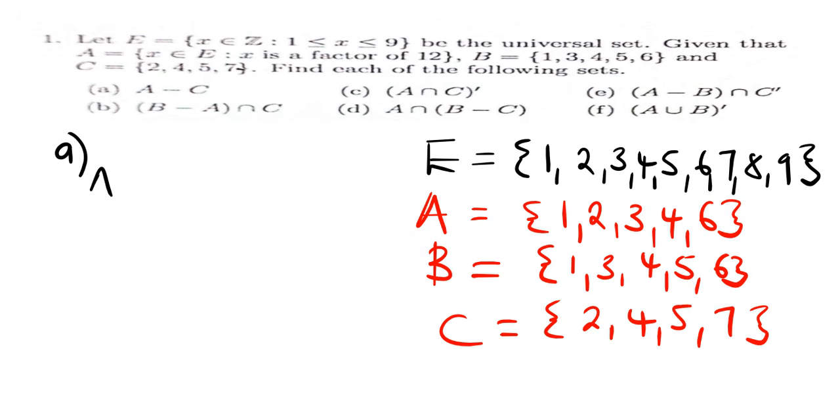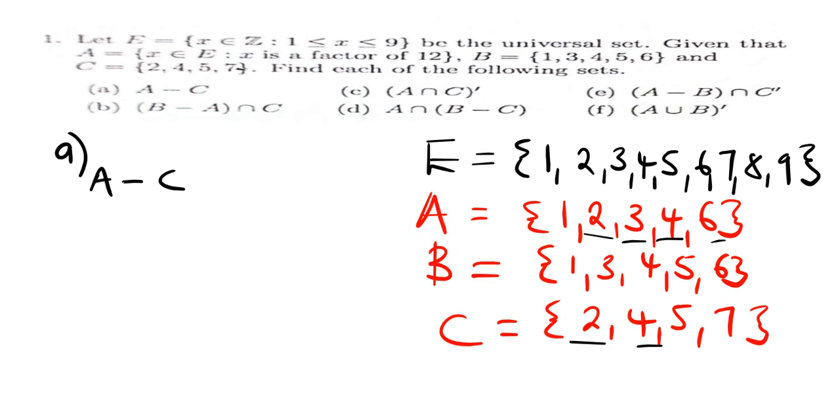We've been asked to find A minus C. Okay, so since we know what A is, we know what C is. Here we're just trying to remove C from A. Okay, so C in this case we've got 2, 4, then in A we've got 2, 4, so there's 3, 6.